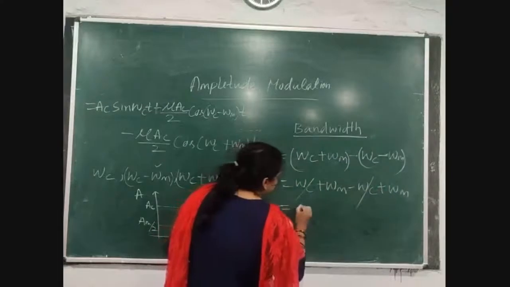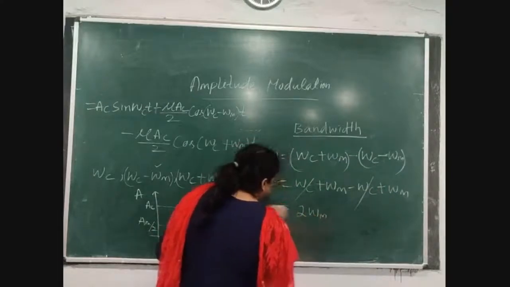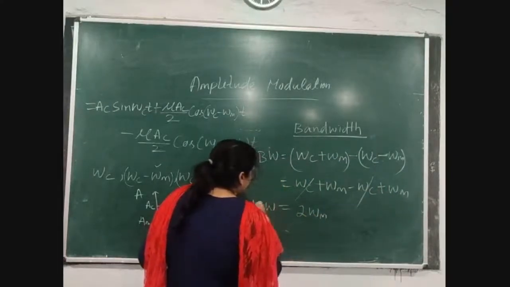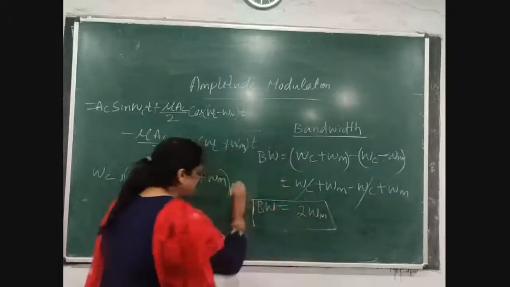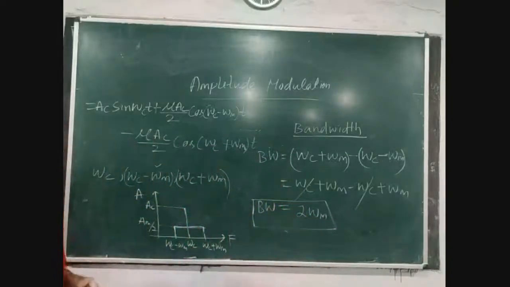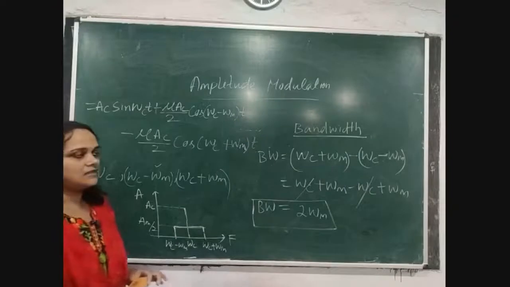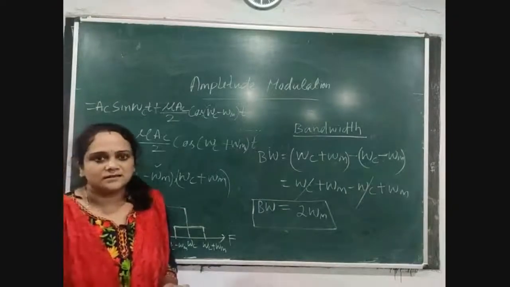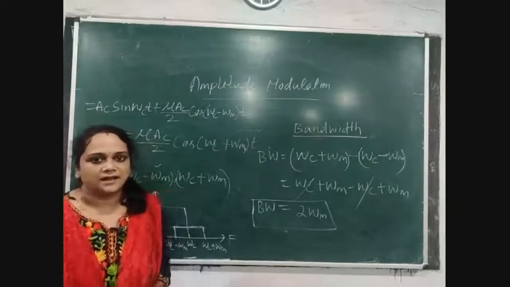Omega c cancels out, leaving 2 omega m. So the bandwidth is 2 omega m. So this is all about amplitude modulation. In the next class we will discuss the modulation index. Thank you.